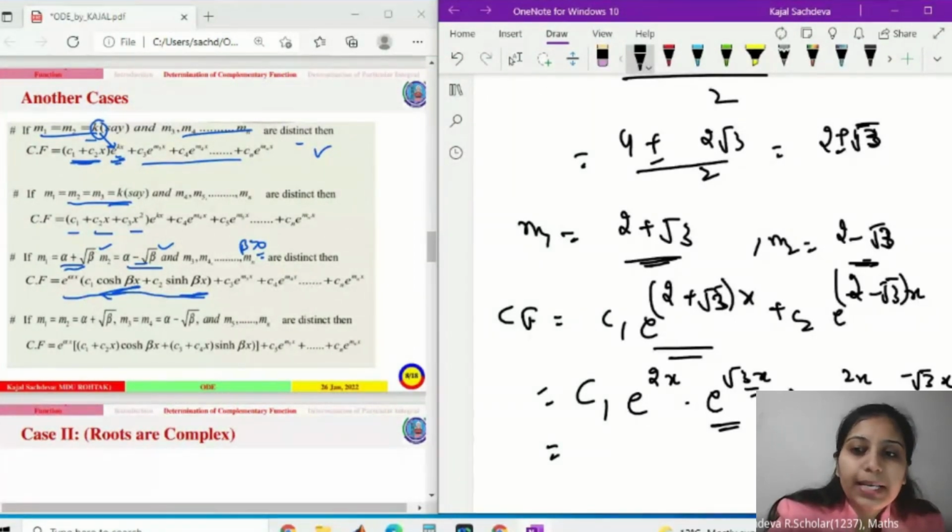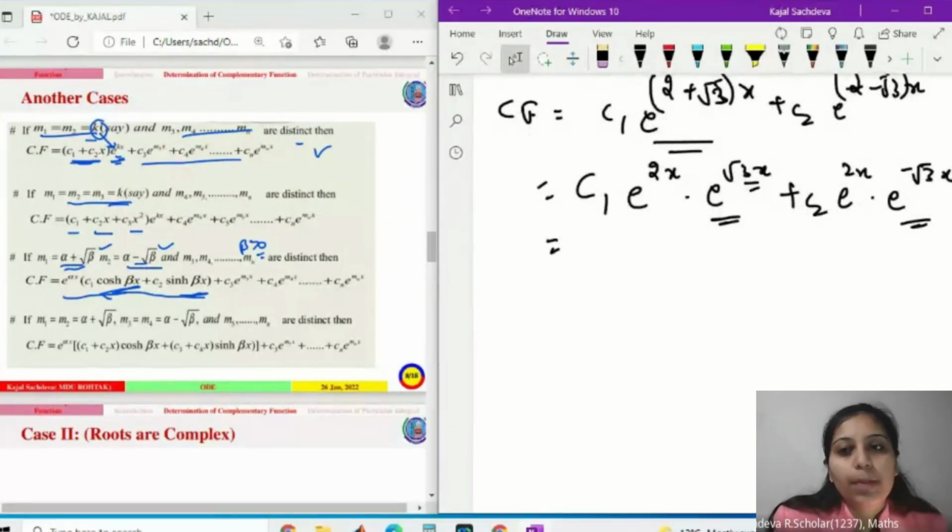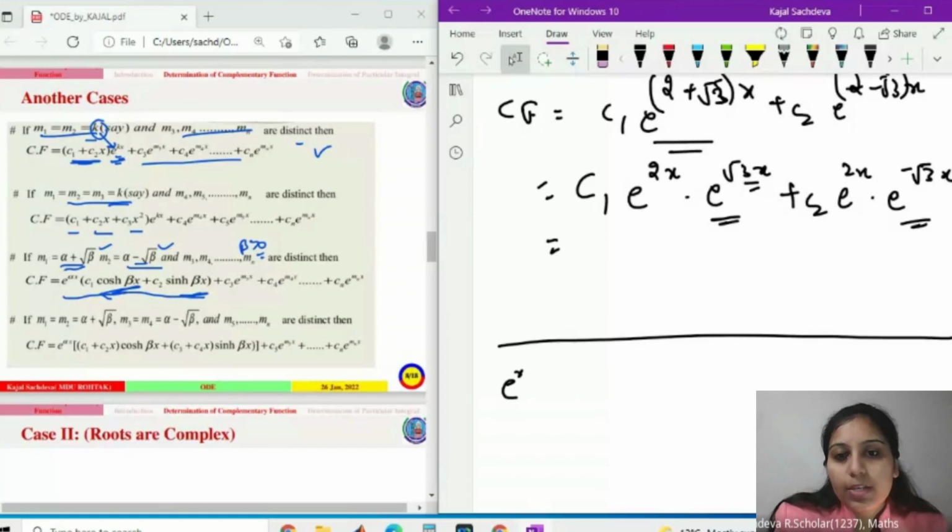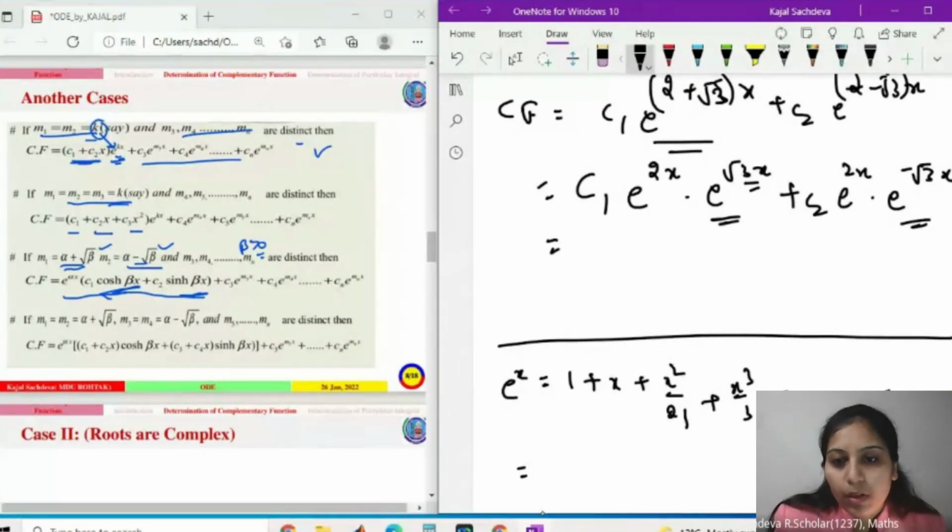How can we write e raised to power x and e raised to power minus x? See, e raised to power x is 1 plus x by 1 factorial plus x² by 2 factorial plus x³ by 3 factorial, and so on. Just separating 1, x² by 2 factorial, x⁴ by 4 factorial, this is the expansion of cos hyperbolic x, and separating x³ by 3 factorial, we get the expansion of sine hyperbolic x.